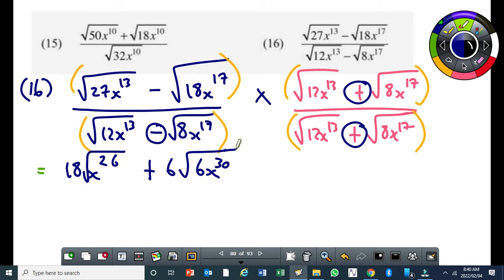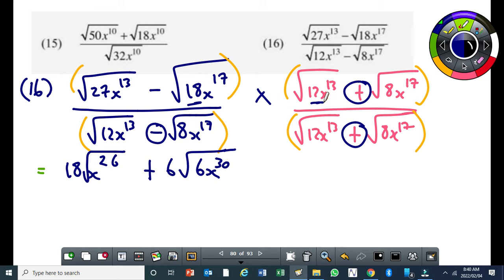Then now I'm multiplying this one here by that. Okay? So 18 can be written as 9 by 2, which is 3 root 2. And this one here is 4 by 3, which is 2 root 2. So this one is going to be 3 root 2, and that one will be 2 root 2.